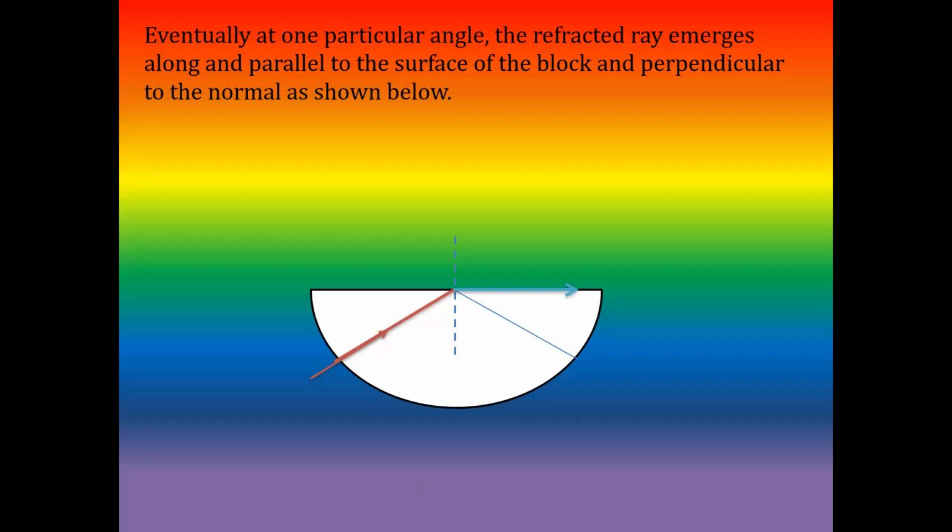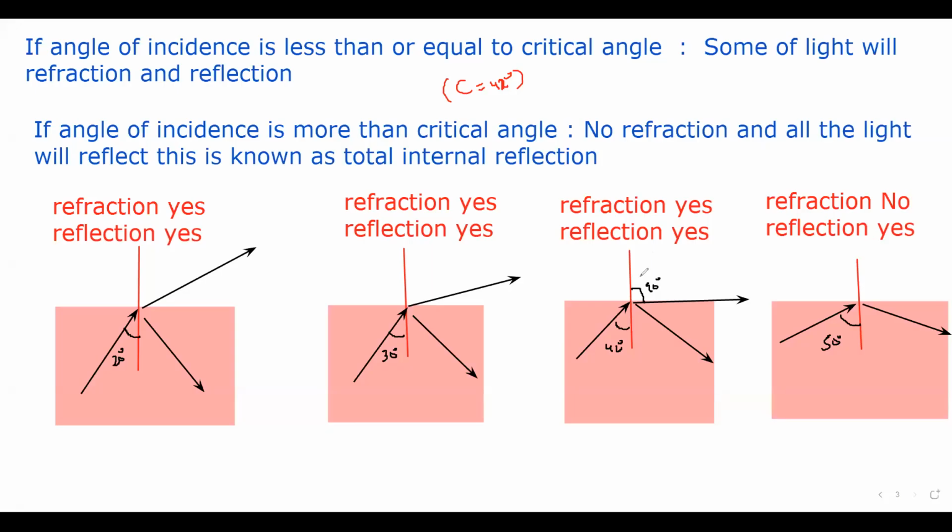Refraction in the last diagram, as you can see here: the term refraction means the light should change its speed. First it was moving in glass and this part is in air. So when the light changes the medium, when the light travels from one material to another, it's called refraction. Here, this is glass to air, so refraction.